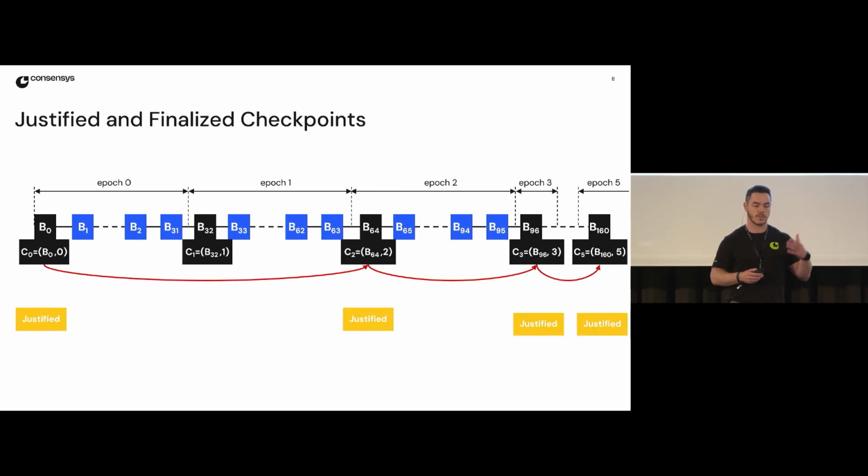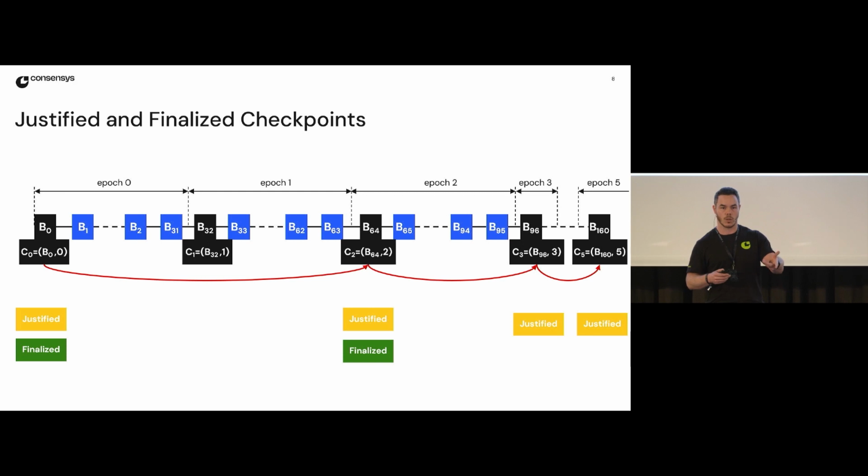If you start from the genesis block and follow these supermajority links, any checkpoint that you find is a justified checkpoint. Now, when a justified checkpoint has a supermajority link to a checkpoint in the next immediate epoch, that checkpoint is finalized, and so is the block. And when you have finalization, unless things go very bad, you are sure that that block and all the chain before it will always be canonical.